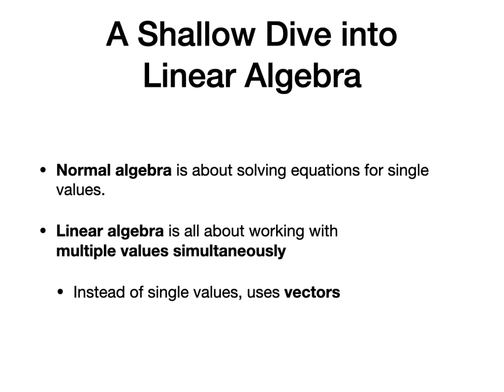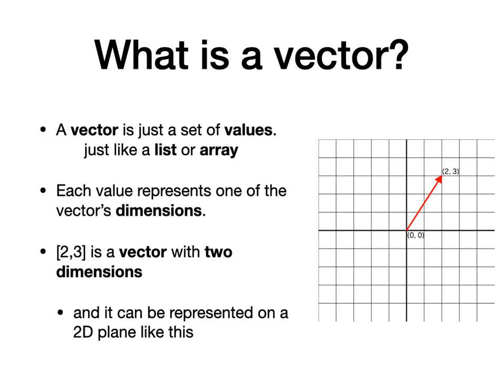Now the question is, what's the fastest route to figure out what we're doing with this? Well, what's a vector? We talk about vectors as a set of values, an array of values. A vector is just that, just like a list or an array. It's just a set of numbers that we have set aside.